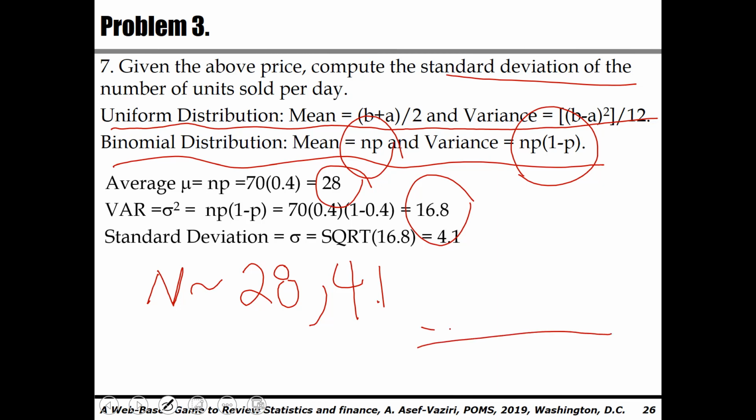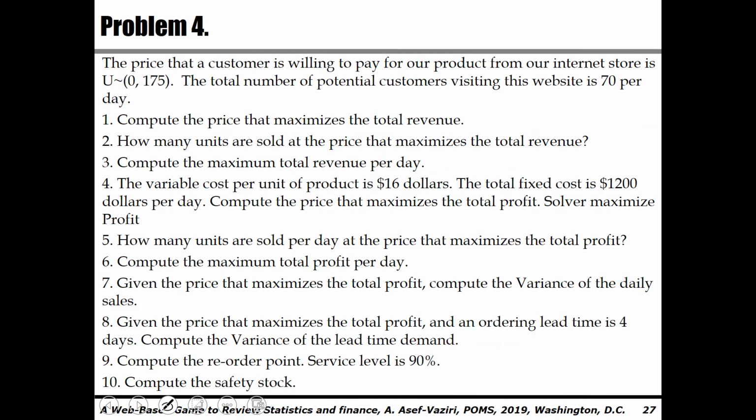That is our daily demand, under price of 105 and under 70 visitors per day. These are very neat ideas that your professor in statistics definitely has explained it to you. But now we are trying to have a second look at them and also, more importantly, try to link these things. Thank you very much. And now I can start problem 4.